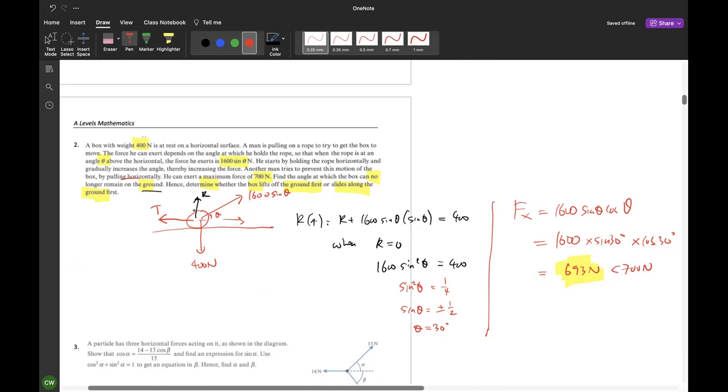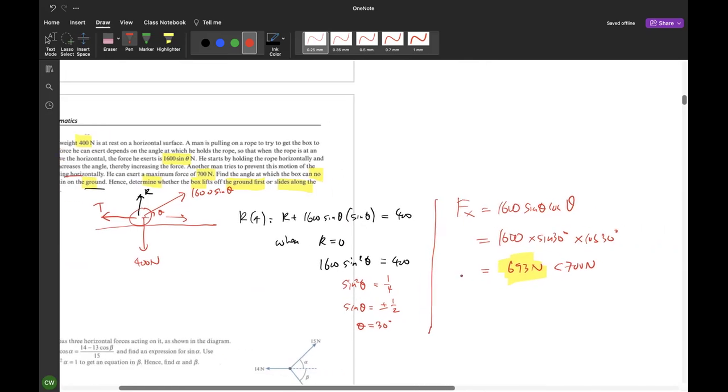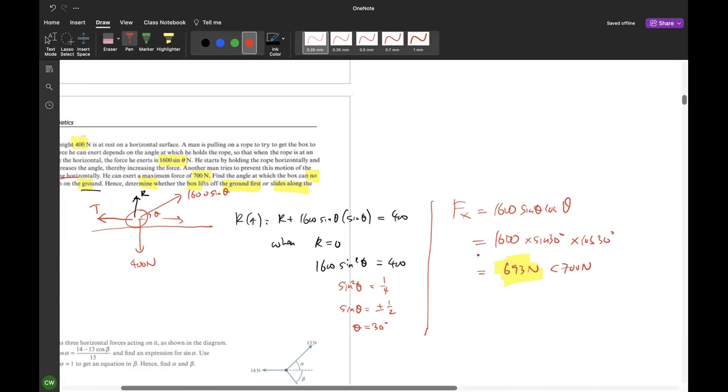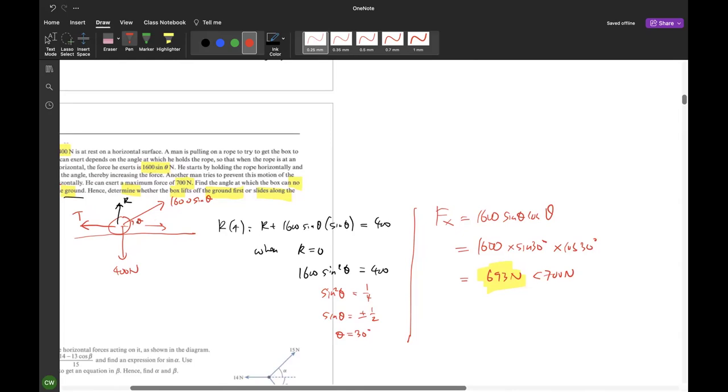So we are trying to find whether you move first or go up first. This is the angle when you lift up. So when you lift up at 30, your force going to the right will be this much. It's less than 700.